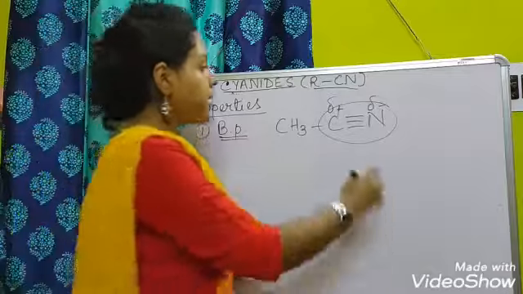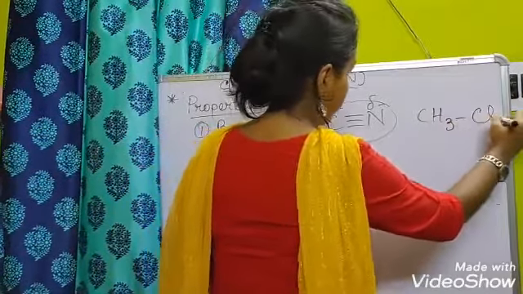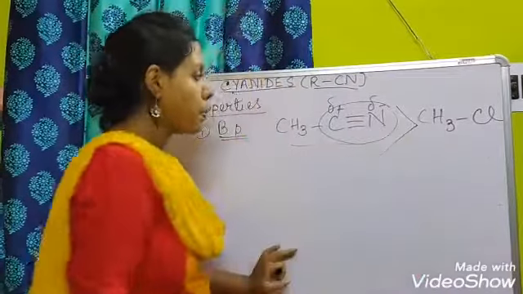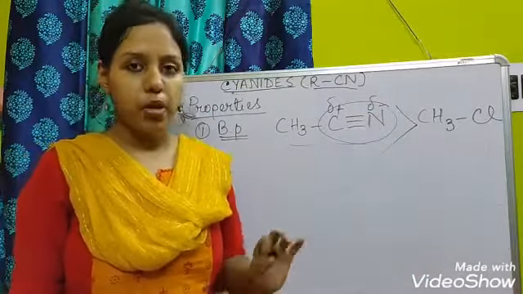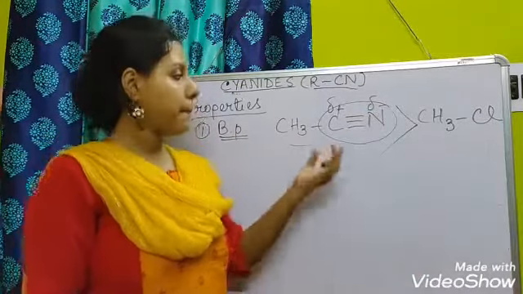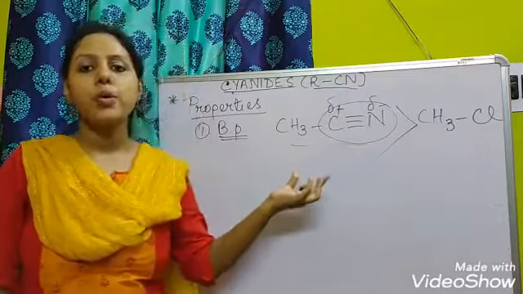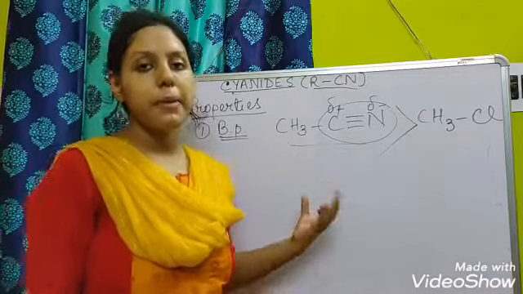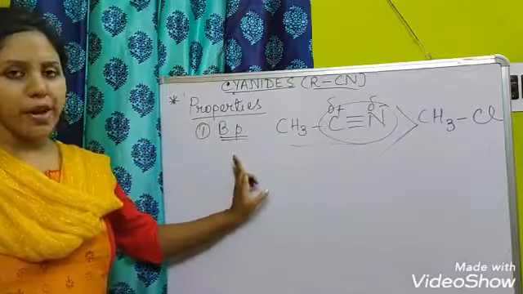So if we compare this methyl cyanide with methyl chloride, then methyl cyanide shows greater boiling point than the methyl chloride. Okay, so the reason is the higher dipole moment and the stronger dipole interaction between the cyanide molecules. Okay, so this was the boiling point factor.